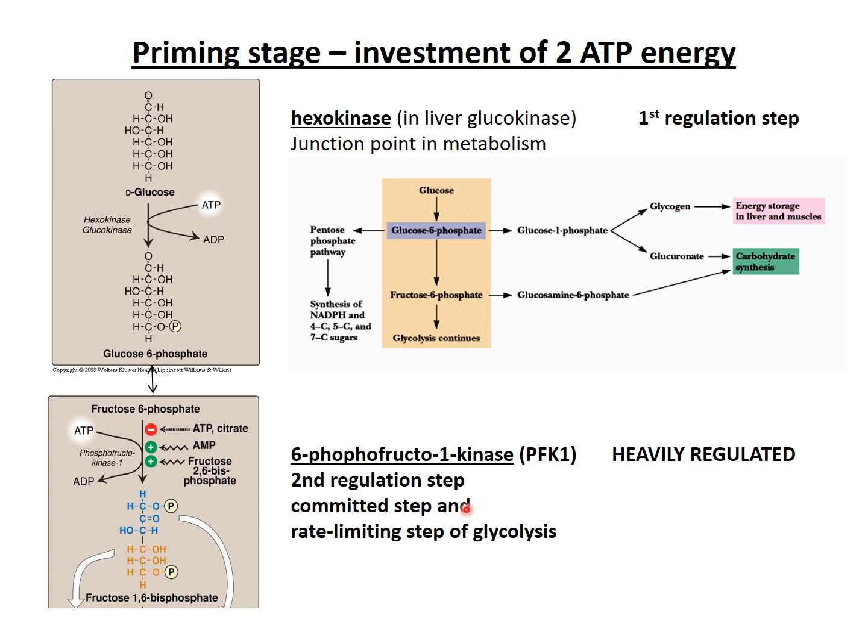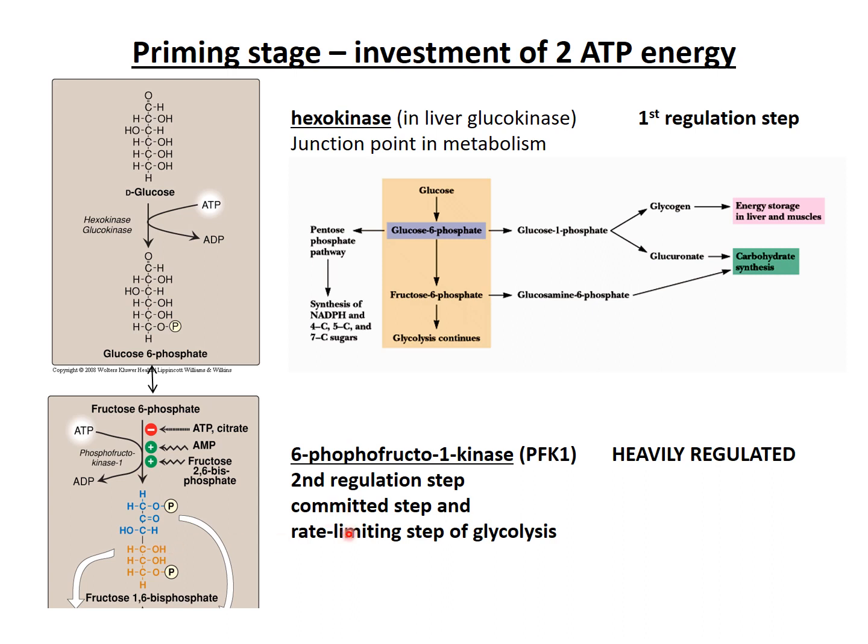This is the committed and rate limiting step, which means from here, glycolysis intermediates cannot go anywhere else but towards pyruvate and lactate. So glycolysis will be the only pathway to go further to. This is called the committed step, and rate limiting step means that this is the slowest.